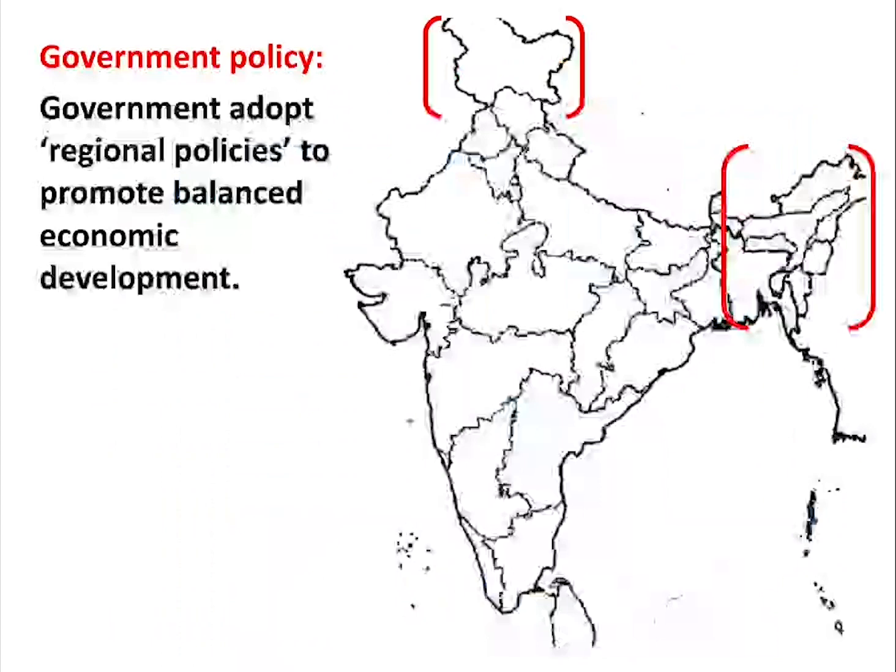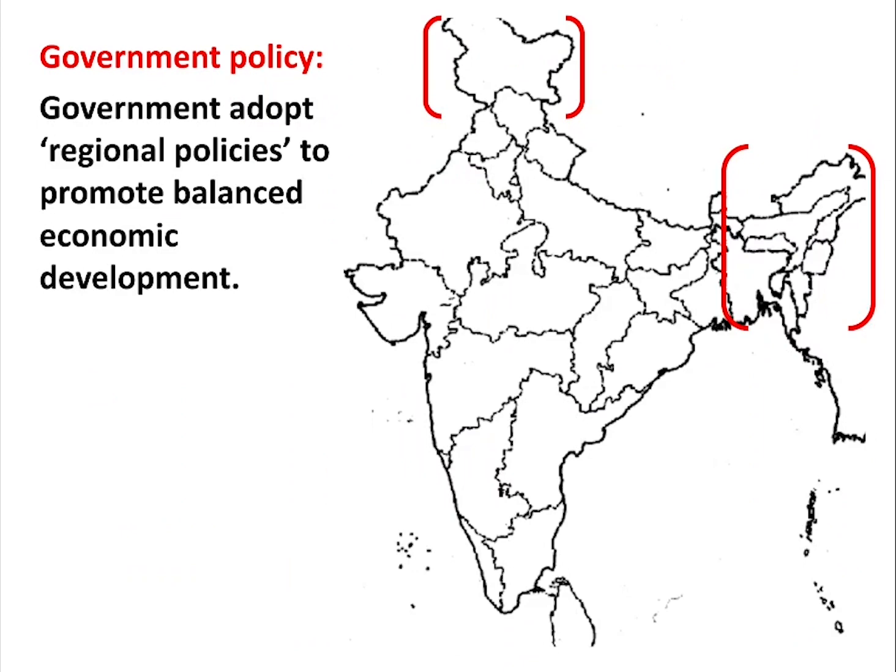The last factor that affects the location of industry is government policy. In the world, many countries adopt different policies in order to have balanced economic development in their countries or regions. So government policy also affects the location of industries.